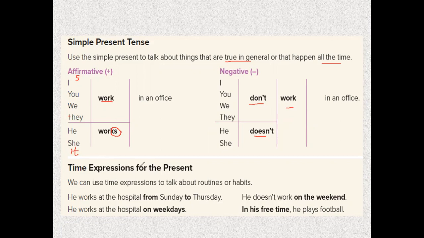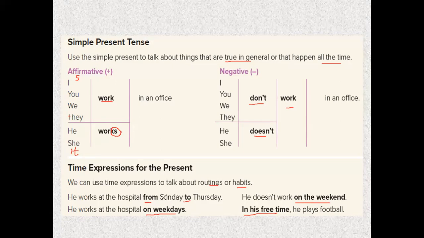Time expressions for the present. We can use time expressions to talk about routines or habits. For example, from to, or on weekdays, or on the weekend, or in his free time. He works at the hospital from Sunday to Thursday.